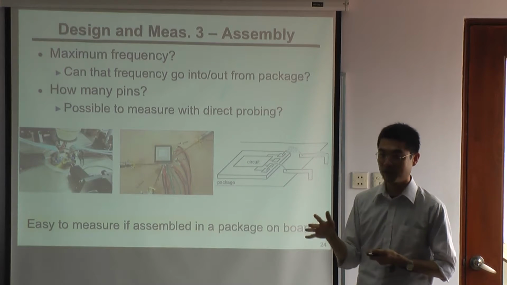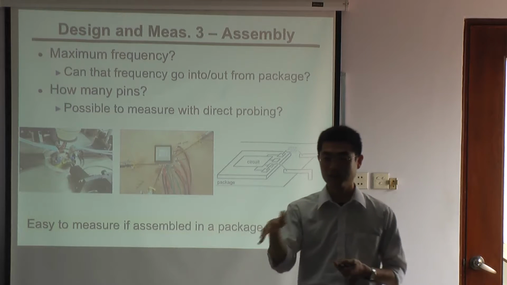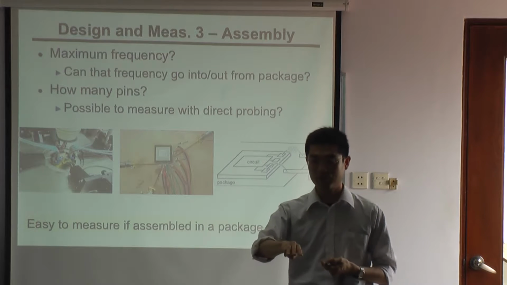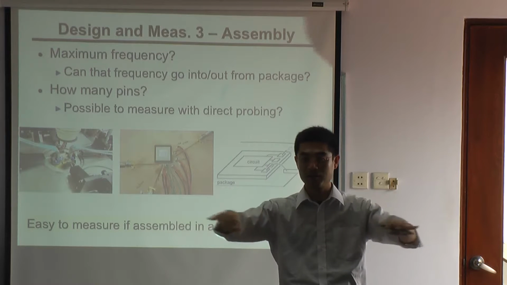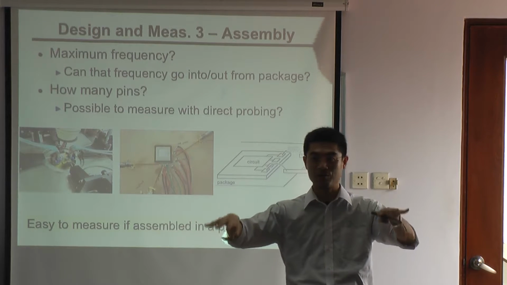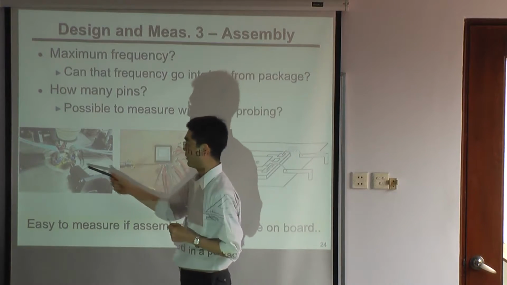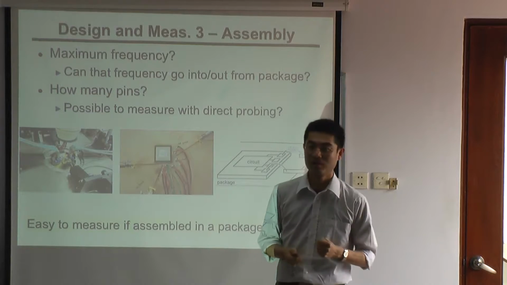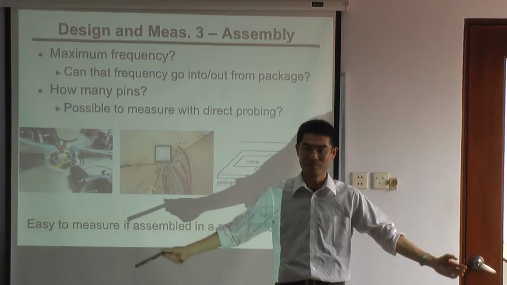And if you have 15 pins, it is difficult to do the horizontal adjustment. With maybe 3 pins, horizontal adjustment is easy, but with 15 pins, it is difficult to adjust horizontally. So with fewer pins it's easy for us to measure, but we sometimes want as many pins as possible.